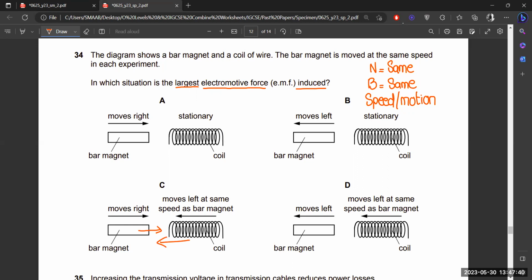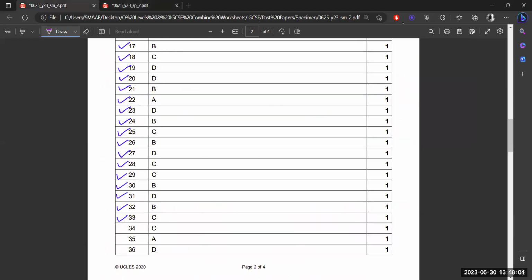Since both are moving in opposite directions with some speed, that will increase the induced EMF. So C is the right choice. Let's see the marking scheme. C.